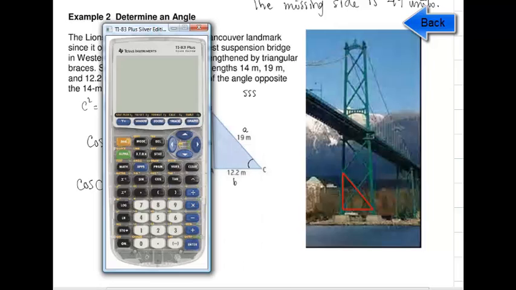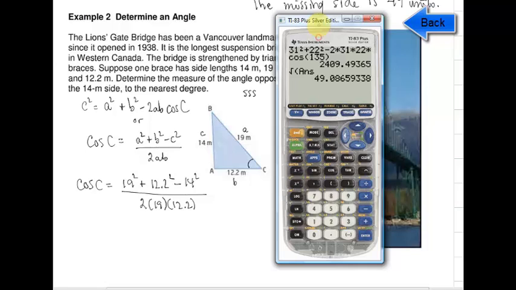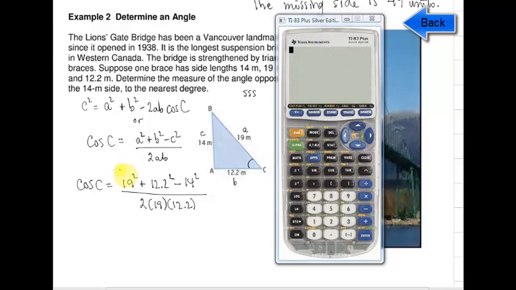Okay, so I'm going to put that in my calculator. I'm going to put the numerator in brackets and the denominator in brackets.